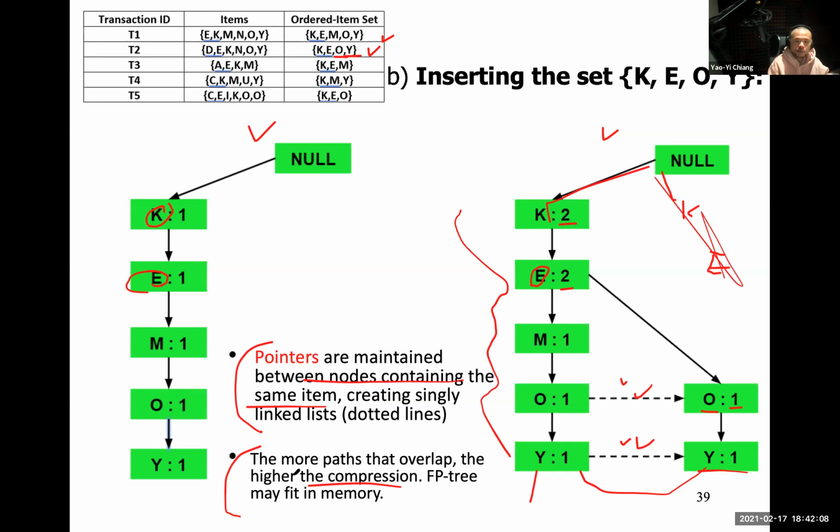So the more paths that overlap, the higher the compression, and your FP tree may fit in memory. Is the dotted line bidirectional? That's a good question. I don't think it's bidirectional, but it can be, depending on your tree search algorithm. We're going to look at some of this search later.